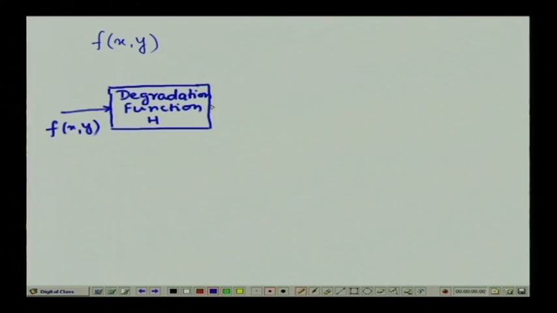Then the output of this degradation function is added to an additive noise term, which we represent by say eta x y, and this finally gives us the output image g x y.